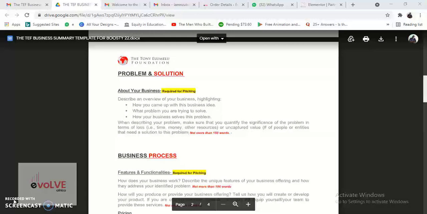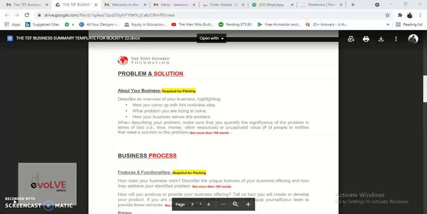So it's like you're saying, I came up with this idea because people in my community don't have an efficient way of storing their farm products, and my business will solve this problem by providing them with ABCD technology, right? And while you are describing the problem, you have to quantify it. It could be that you are making the time lesser, you are making the money cheaper, or whatever it is that your business is leveraging to make the problems people are facing much easier, or to solve their problems.